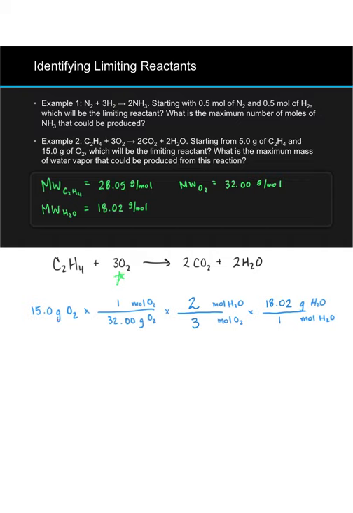Taking care of units, we'll see that grams of O2 go away, as do moles of O2 and moles of H2O. We'll be left with grams of H2O as requested, and as we multiply or divide through and keep 3 significant figures at the end, we should wind up with 5.63 grams worth of H2O.